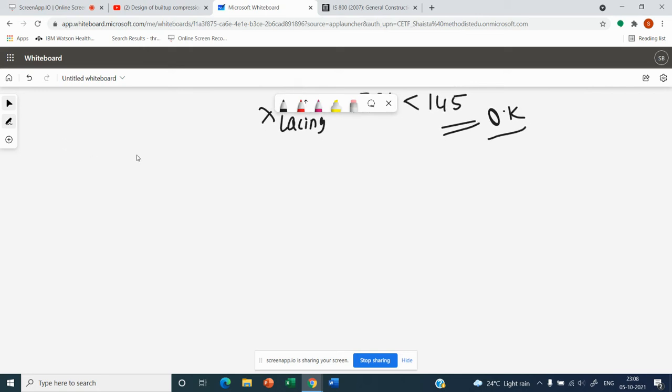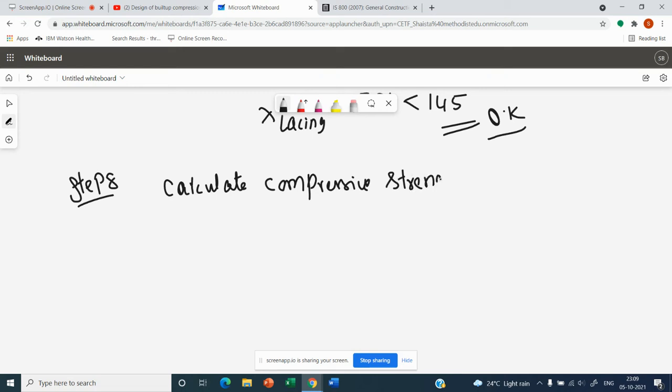Fine. Now in step 8, we have to find out the compressive strength of the flat plate which you have selected, that is ISF 12 mm thick, 50 mm wide.